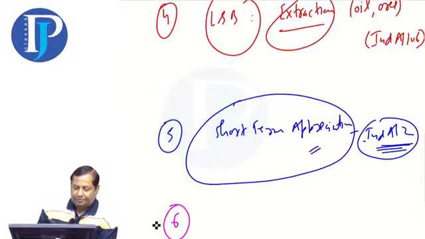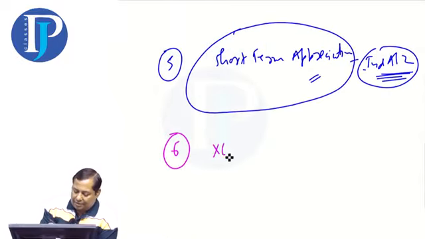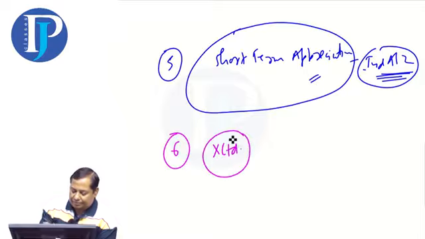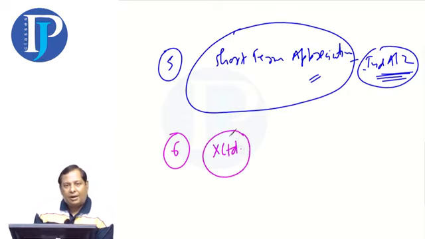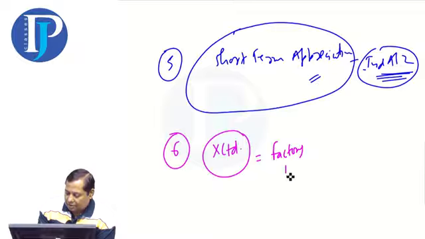Example 6. There is a company X Limited. They have a factory, and this factory is in Panipat.